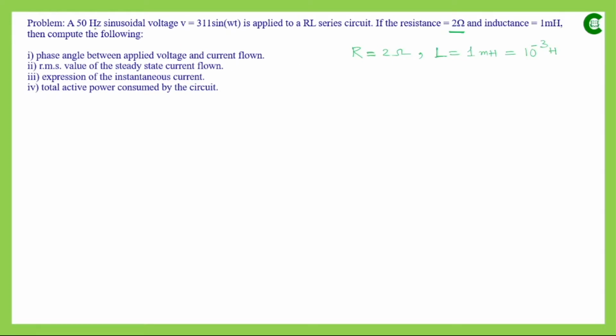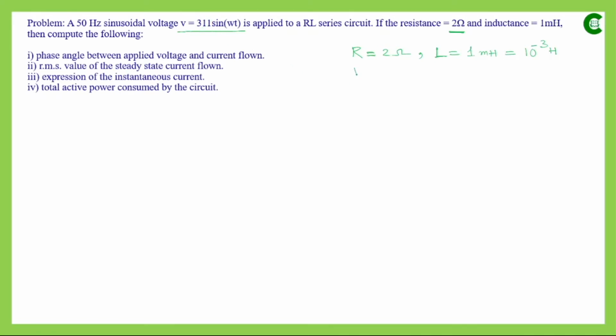As per this problem statement, the expression for the instantaneous value of the voltage is given, and that is v equal to 311 sine omega t. Here voltage has been taken as a reference, and we know that this is Vm sine omega t as per the format of the voltage waveform. So this measures the peak value of the voltage.